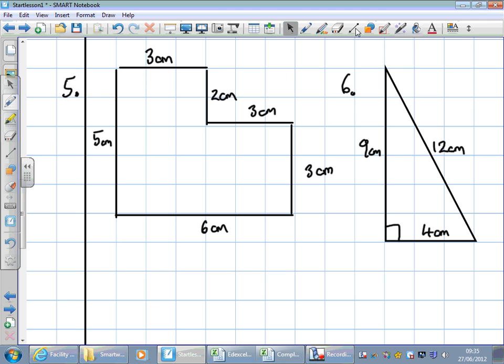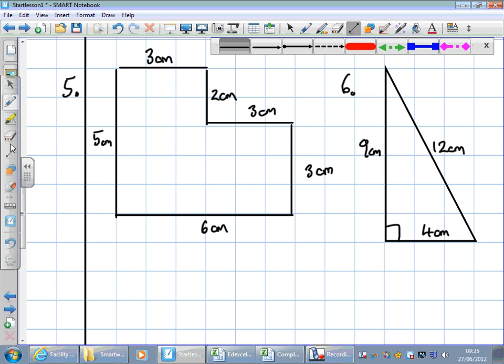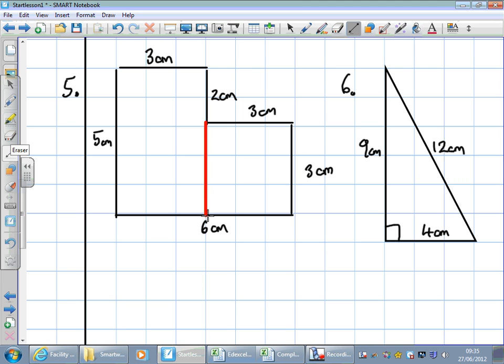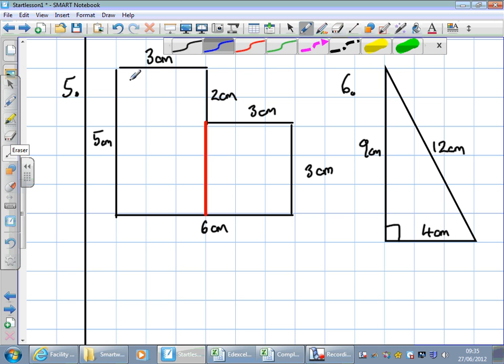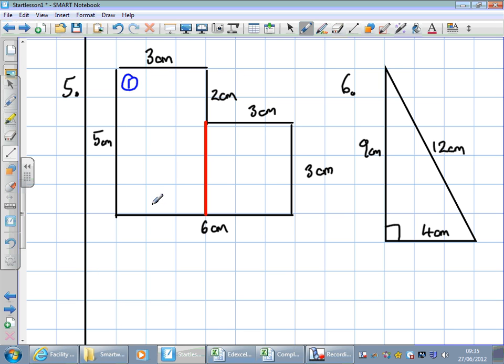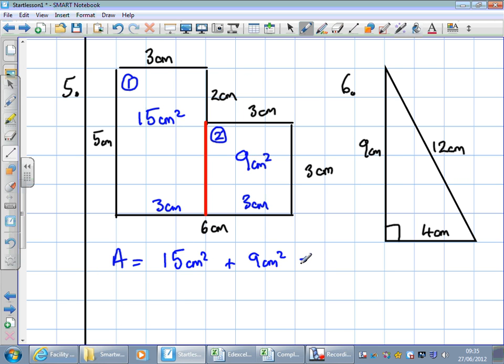You can divide the shape into 2 rectangles. The area of rectangle 1 is 3 centimeters times 5 centimeters, 15 centimeters squared. The area of rectangle 2 is 3 centimeters times 3, 9 centimeters squared. So the area equals 15 centimeters squared plus 9 centimeters squared, 24 centimeters squared.